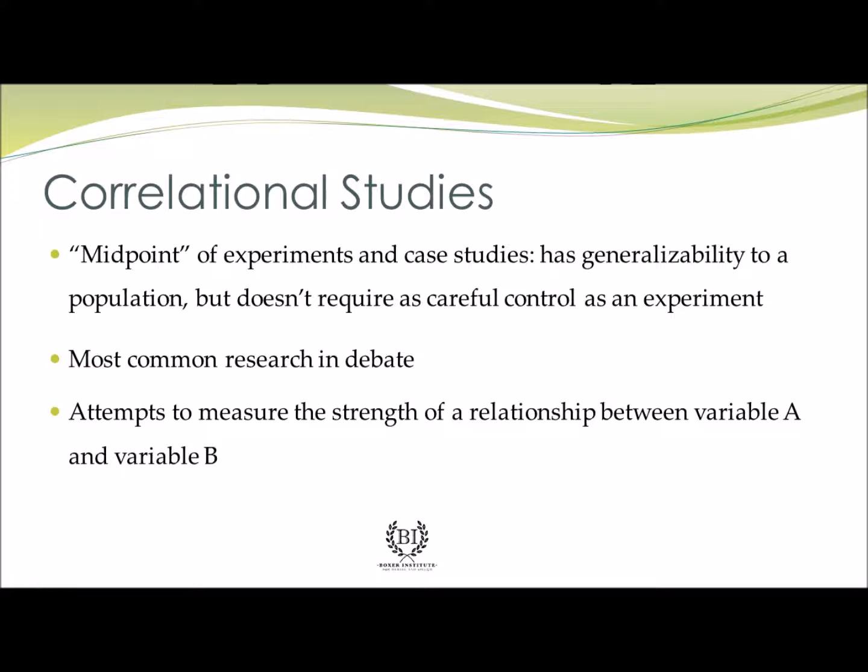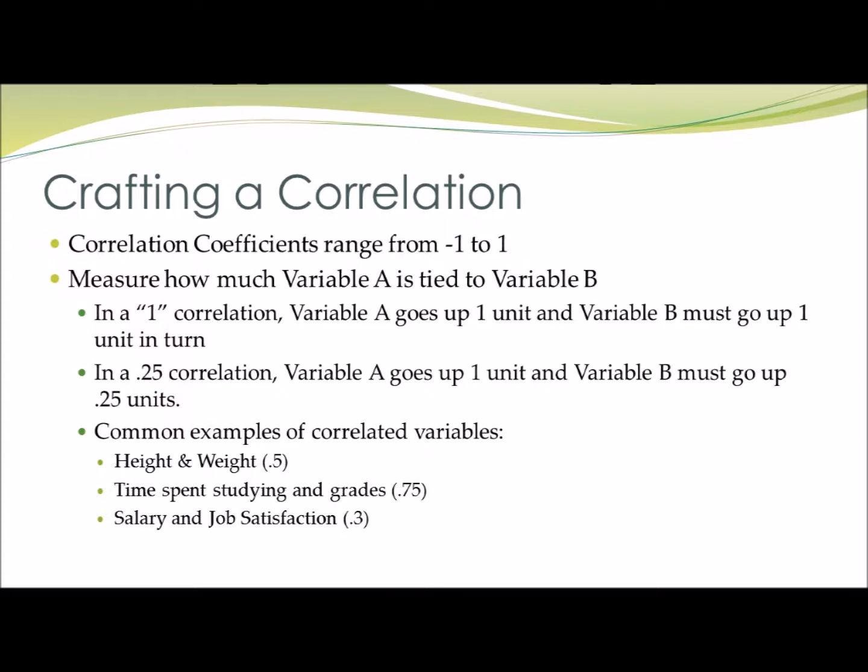As I said, they are the most common research study in debate. And really what they attempt to do is measure the strength of a relationship between variable A and variable B. A really good example, look to the bottom of this crafting a correlation slide: correlated variables could be height and weight, right?